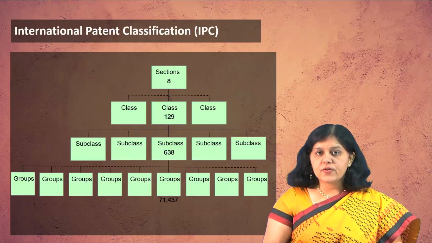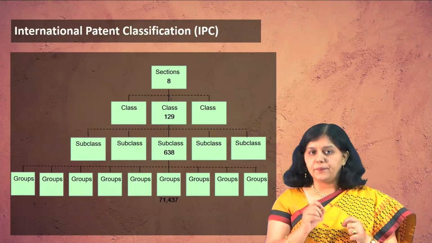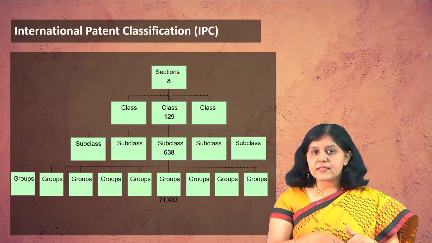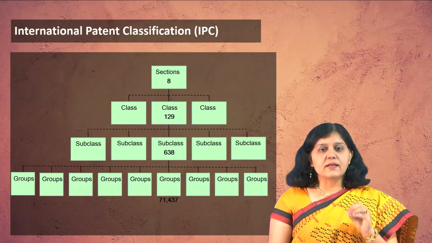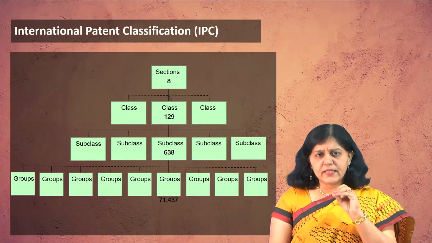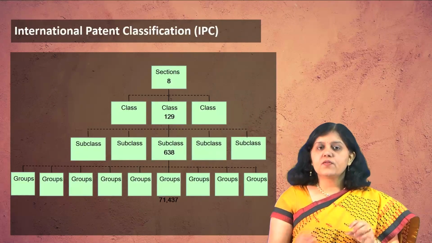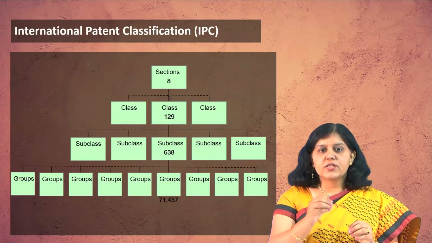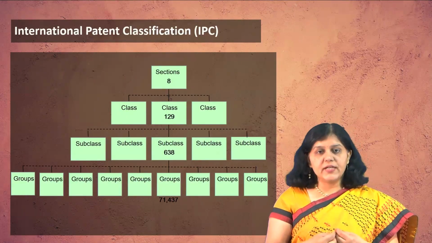Then, if you consider H03, which is electricity and class 03, the meaning is basic electronic circuitry. Something related to electronics will come under this. Next, H04 is something related to electric communication technique.